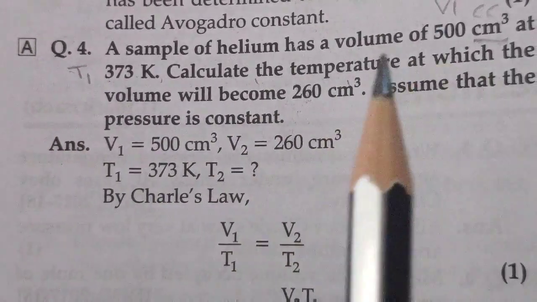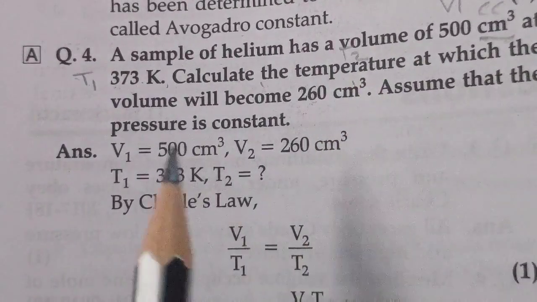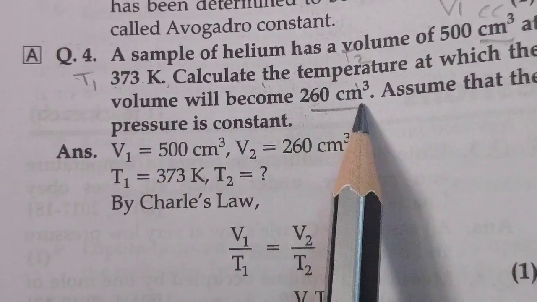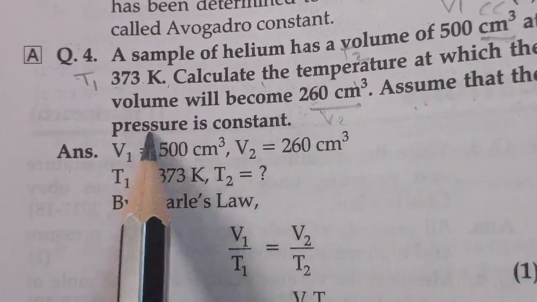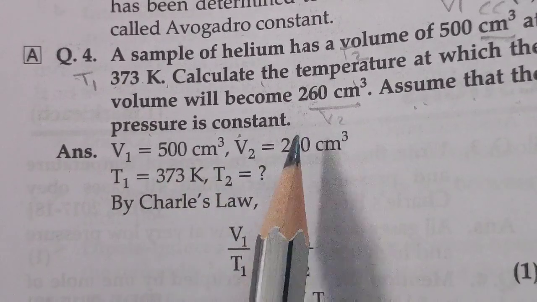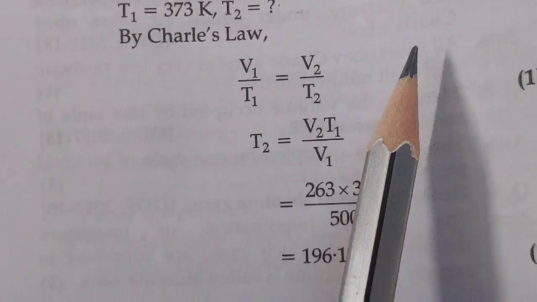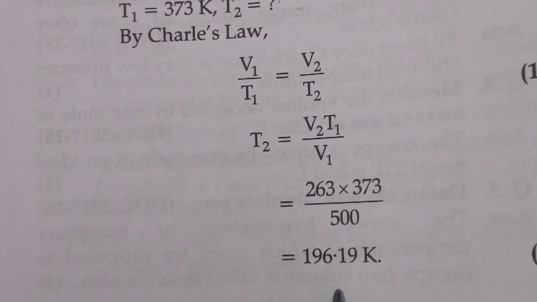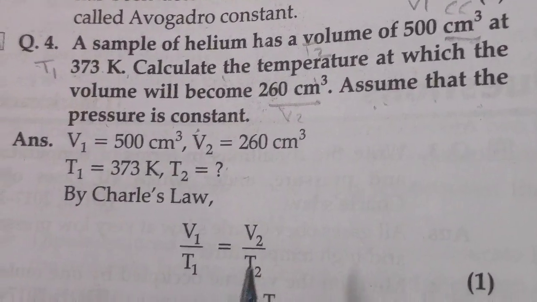Calculate the temperature, meaning T2 you have to find, at which the volume will become this much. V2 is given. Assume that the pressure is constant. Here all the things are given, you have to find T2. You can see they have substituted the value and you will get this answer. This one also you have to write in your fair book as an example.